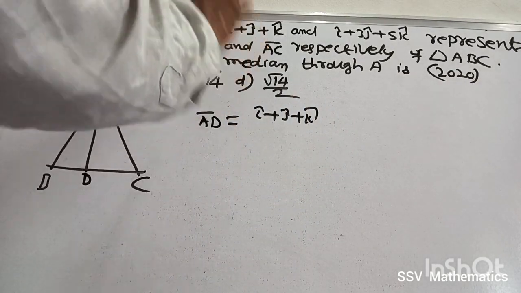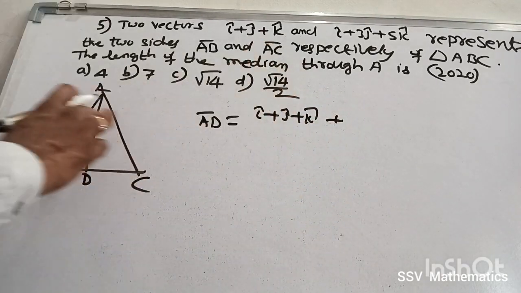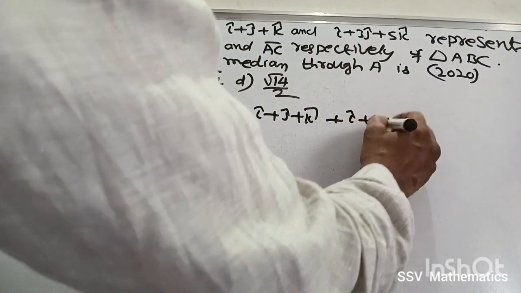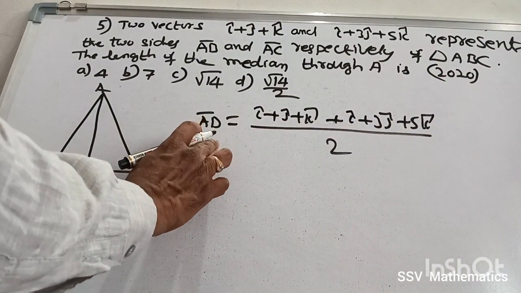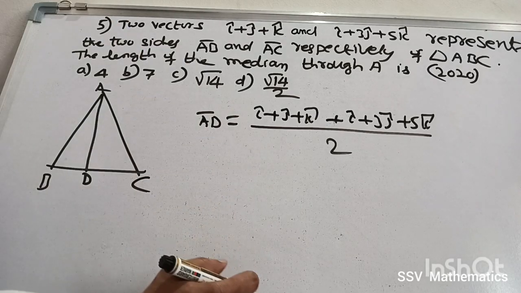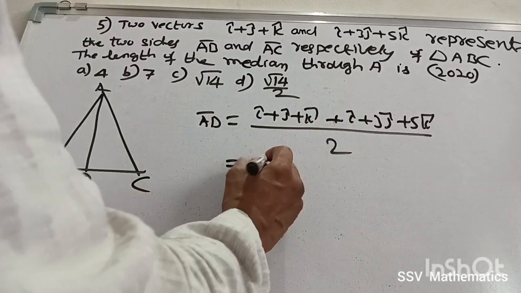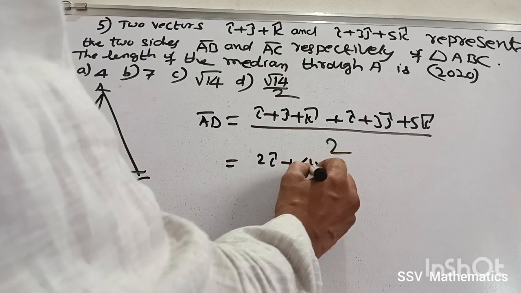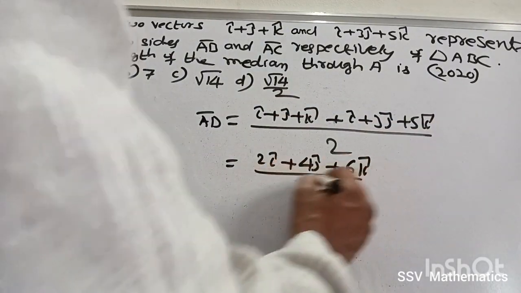AB represents this vector I plus j plus k, and plus AC, which is I plus 3j plus 5k, divided by 2, because AD is the median for these two sides. So therefore, add: I plus I is 2i, j plus 3j is 4j, k plus 5k is 6k, divided by 2.